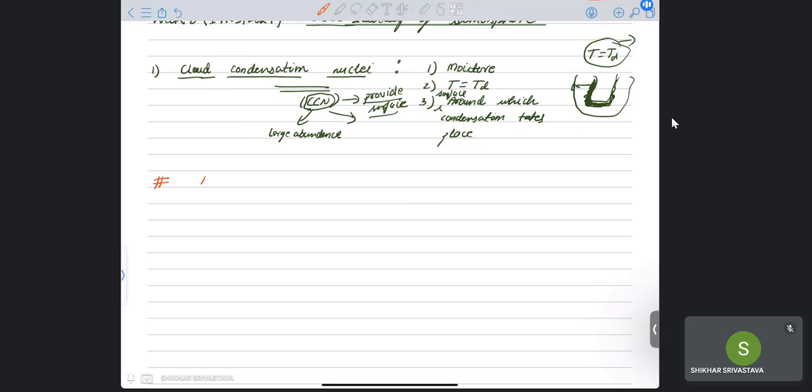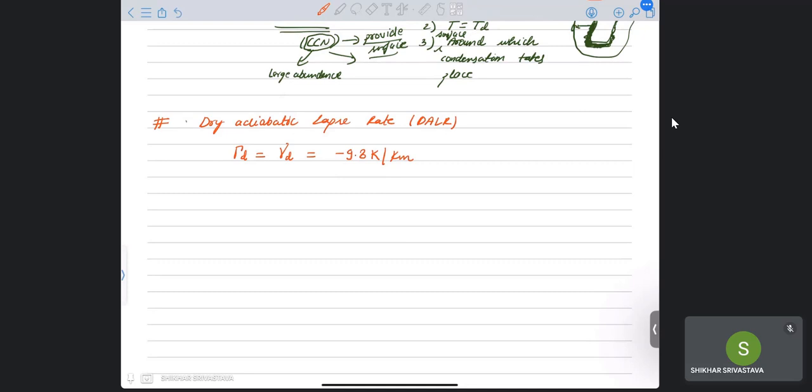First is the dry adiabatic lapse rate, abbreviated as DALR, given by the symbol gamma D. It is minus 9.8 Kelvin per kilometer. This is called the dry adiabatic lapse rate.